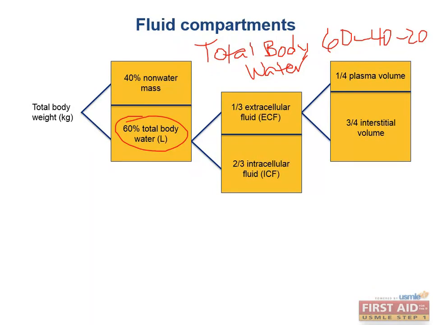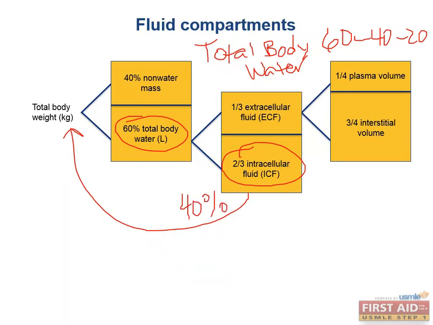Now if we go back to the total body water, 2/3 of the total body water is intracellular fluid. And this is where the 40% comes from. Because in other words, the intracellular fluid makes up 40% of the total body weight, which is also 2/3 of the total body water.